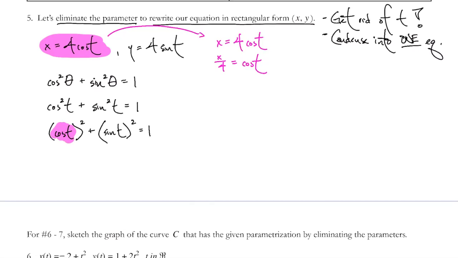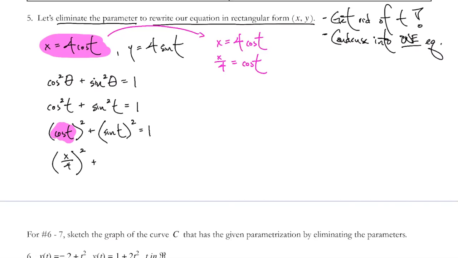All right, so let's make that substitution right now. X over 4 squared. Okay. Now that got rid of one of the t's, which is good. Now my question is, how do I get rid of that sine t, right? I don't want sine t, I want something with x's and y's.